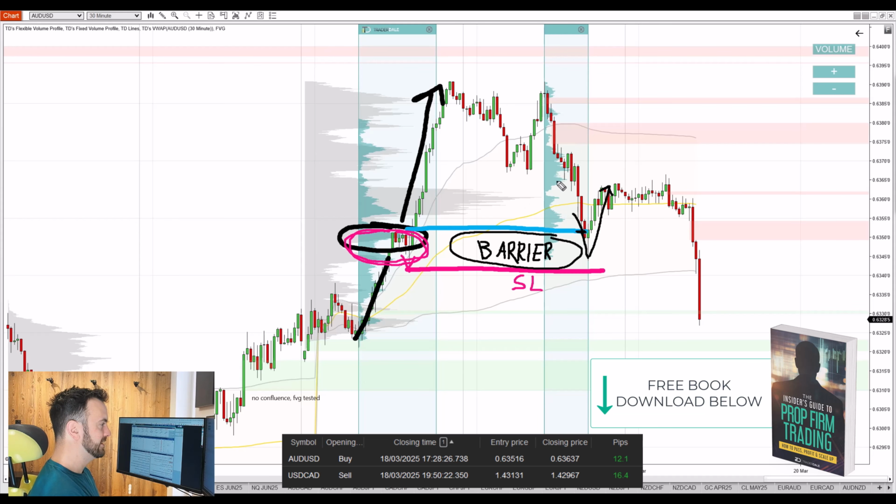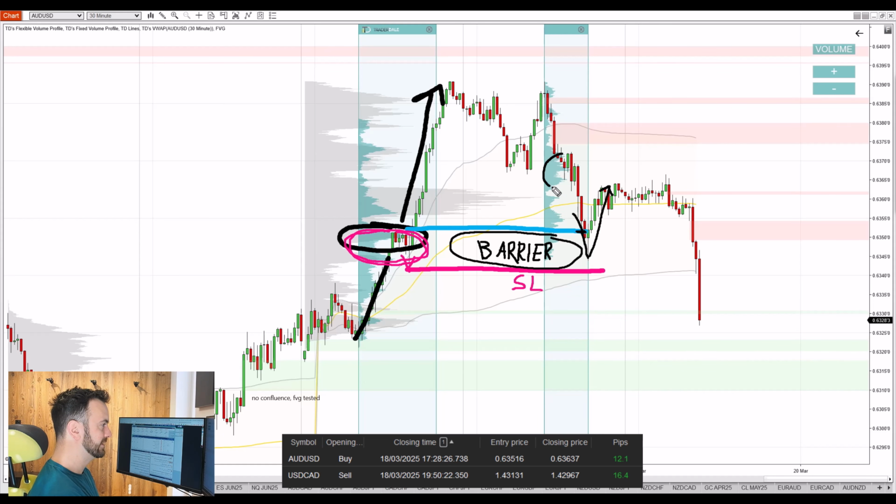Now, in this area, there was this important heavy volume zone. This was the beginning of that heavy volume zone, and this is where I had the take profit.